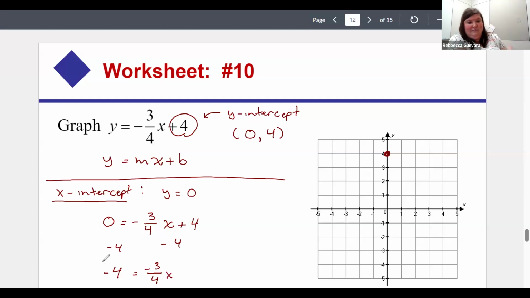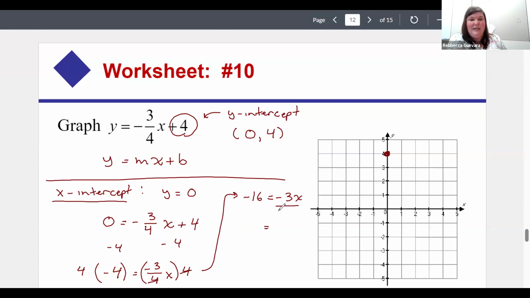We can do this in little baby steps if you need to. We've got this 4 here, so you could just multiply both sides by 4, because that will eliminate that 4. Since we're dividing by 4, we'll multiply by it. If you didn't do it quite this way, that's fine. Negative 16 should equal negative 3x.